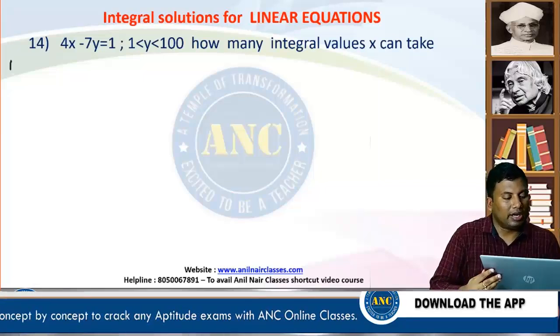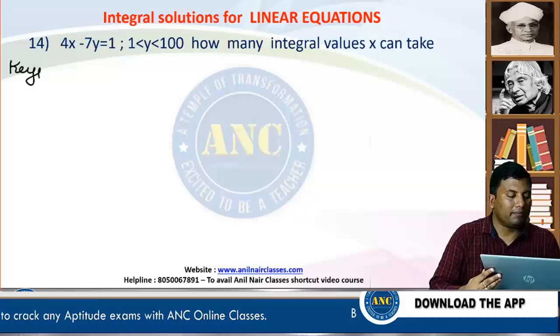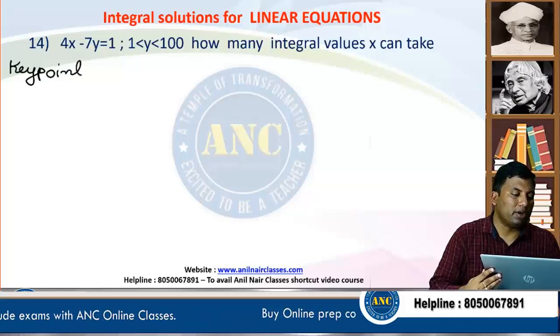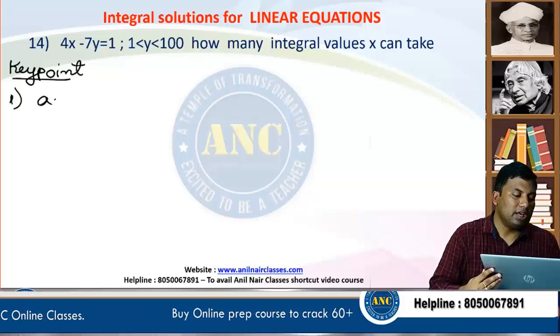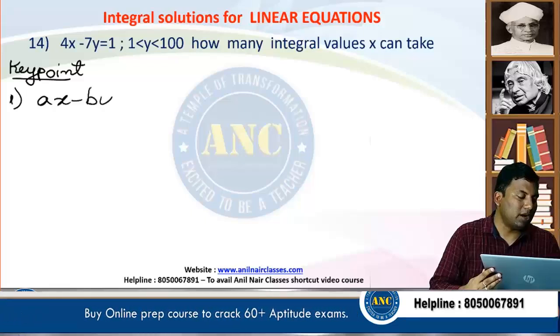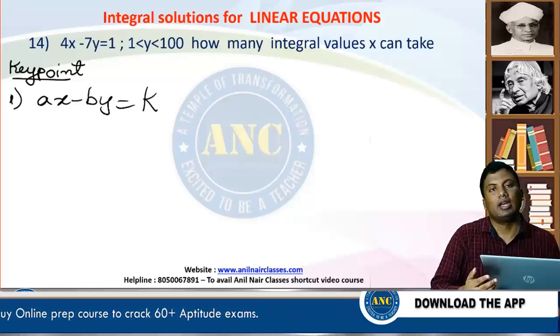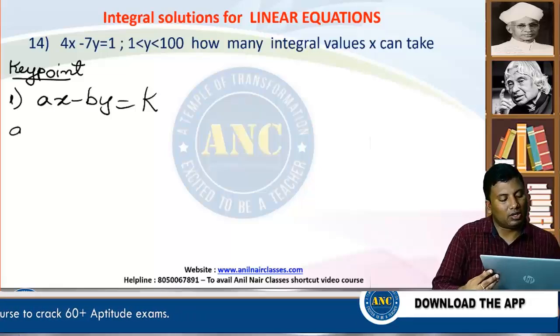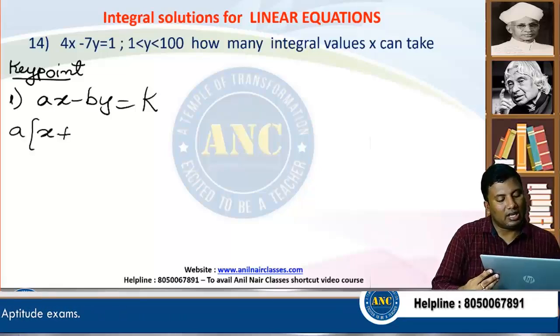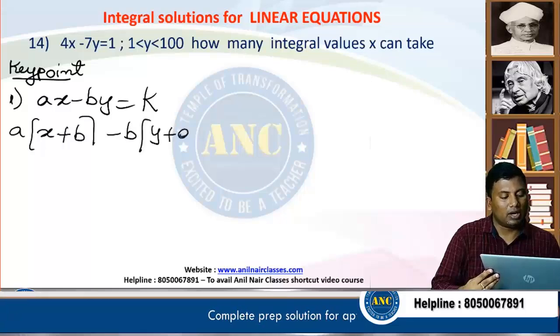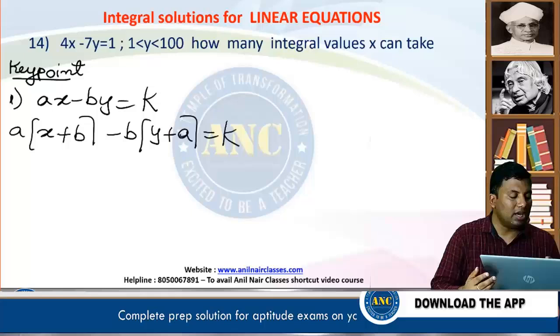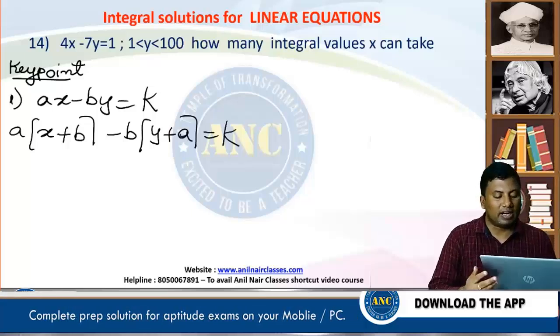Note again important key point. First think, it is of the form Ax minus By equivalent to K. If X is increased by B, Y will also increase by A because there is a minus sign. Plus AB and minus AB, it will get cancelled.